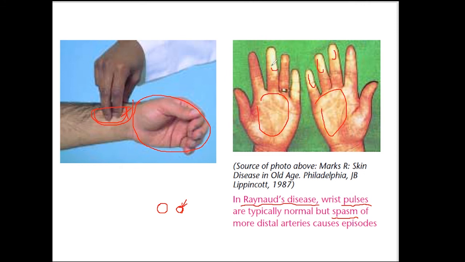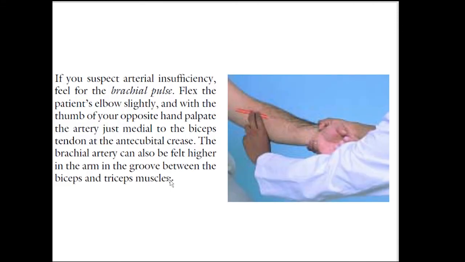And also some parts of the hand go to dark red or a little purple. That's basically not enough blood supply and causes the patient's problem. The patient also feels pain in the hand. So that's one illness caused by blood supply disorders.